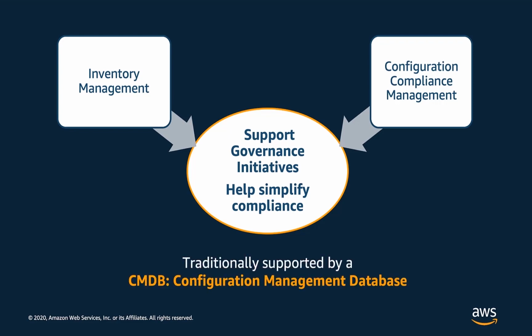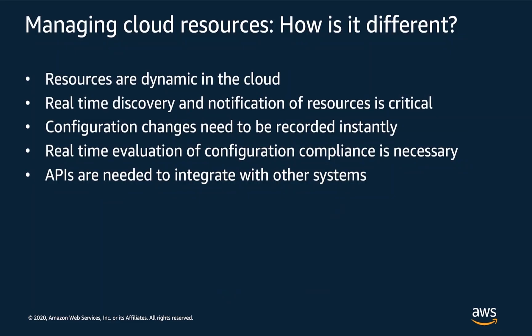Now, traditionally, this is supported by a configuration management database or a CMDB. Now, a traditional CMDB has its limitations when you want to manage your resources in the cloud. You need some capabilities that are specific and unique to the cloud. Because resources are dynamic in the cloud, you might have auto-scaling groups or spot instances where resources come and go multiple times in a day.